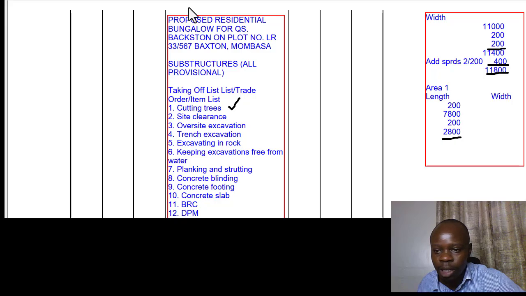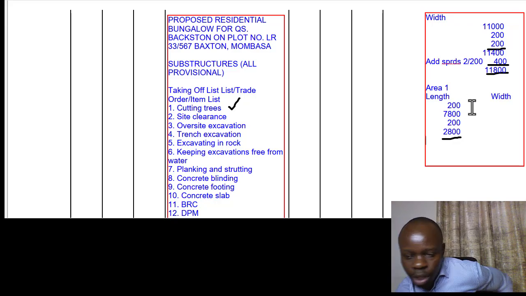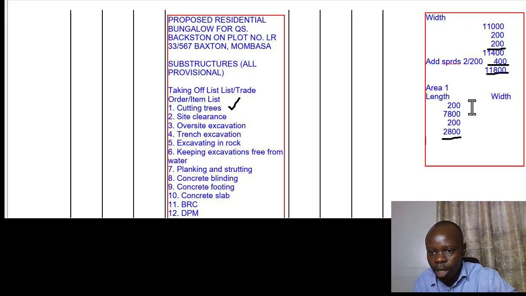Once you've underlined, then you get your total in terms of the figures that you need. So 7,800, this is 8,000, 8,200. 8,200 plus 2,800 is supposed to be the total.